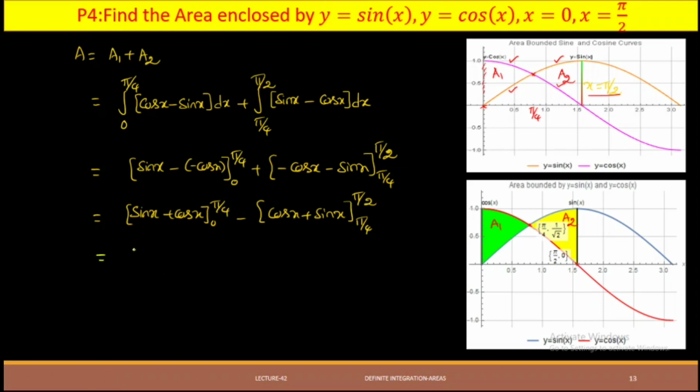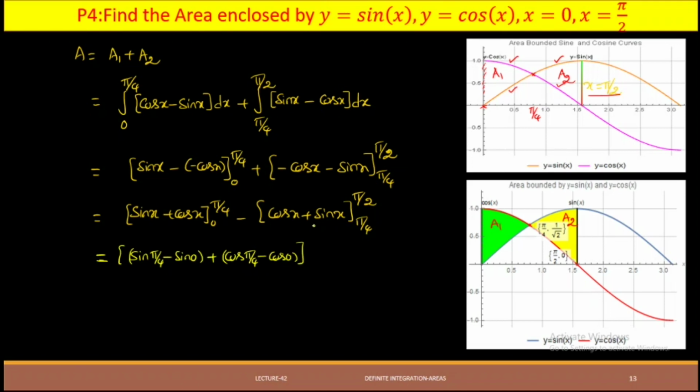So area is equal to, first I'll apply the upper limit as well as the lower limit. It is sin pi by 4 minus sin 0 plus cos pi by 4 minus cos 0.